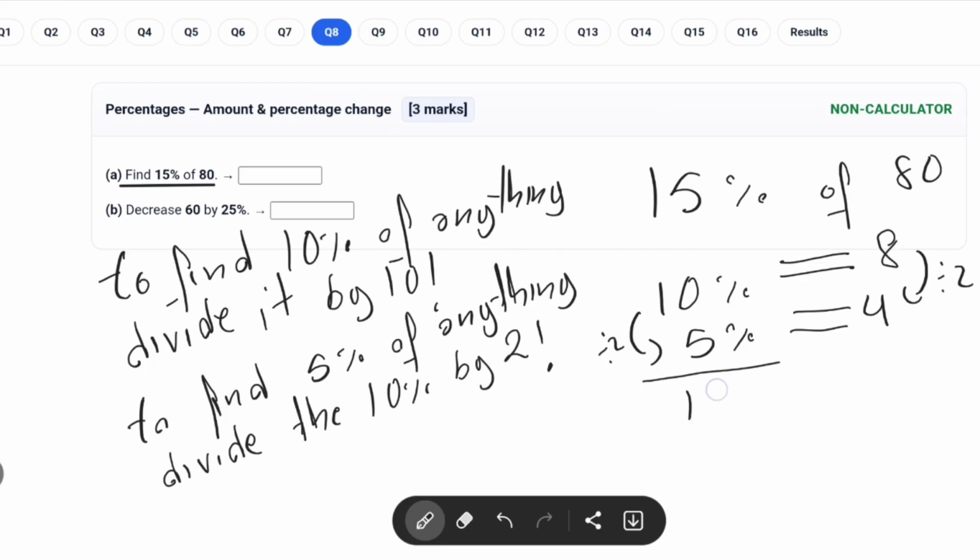Now that you got 10% and 5%, you got 15% already. You only need to add the amount that you have found, in this case, 12. So 15% of 80 is going to be 12.